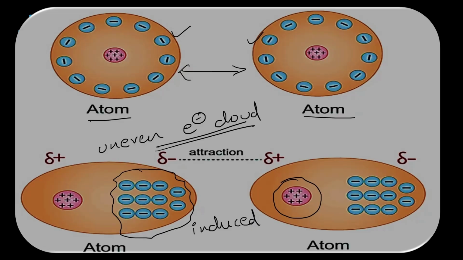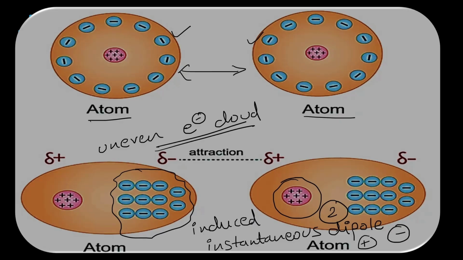So this is what we call as an instantaneous dipole which has got generated. What do you mean by a dipole, students? Di means two and poles means the positive and the negative. So in this case, there's a slight negative charge over the first atom and a slight induced positive charge on another atom, which causes an attraction.